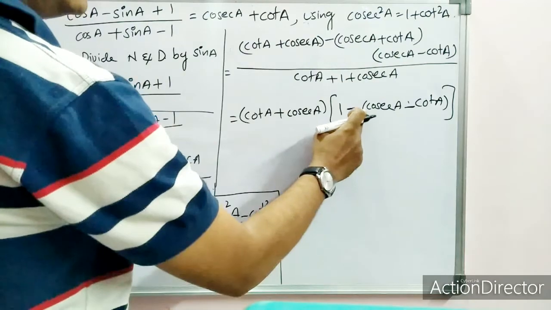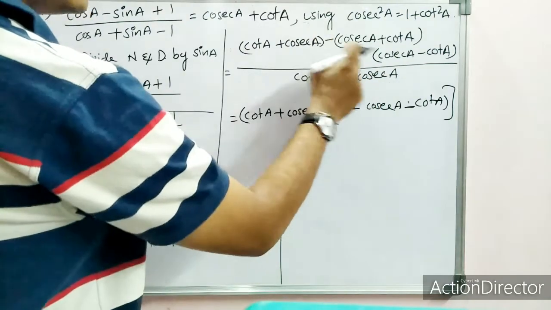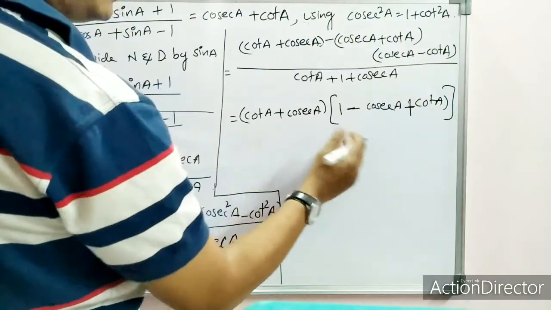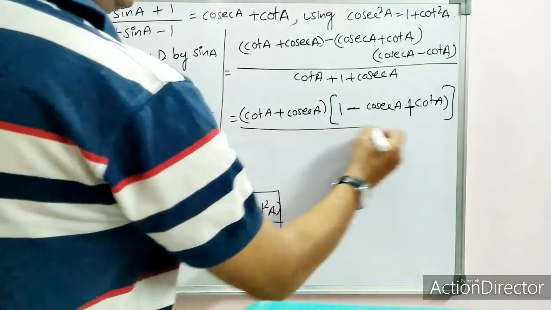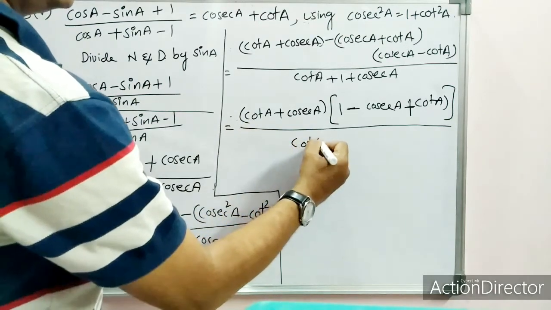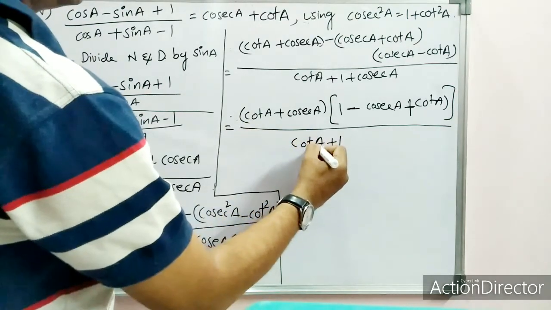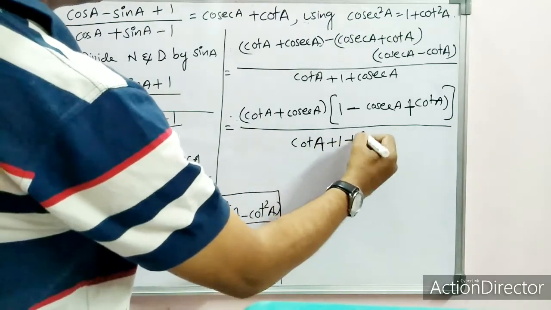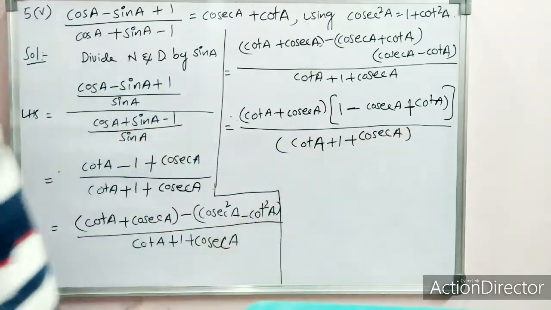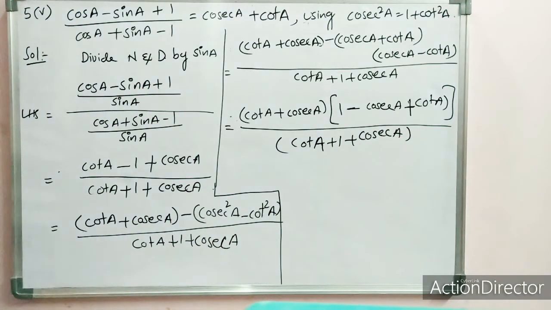So when I delete this bracket, minus of cosecant is minus cosecant, and minus into minus is plus cot A, over the denominator. What is the denominator here? Cot A plus 1 plus cosecant A. Now you observe carefully what is happening here.